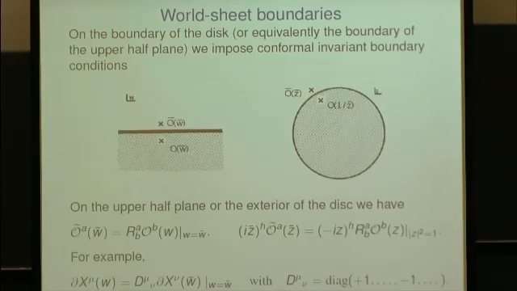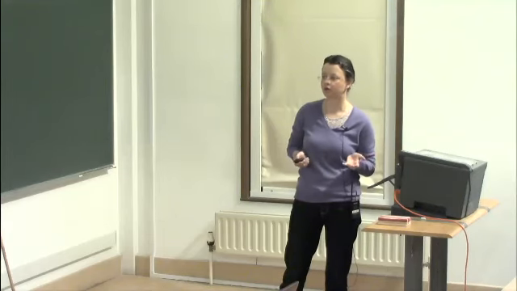Now, this actually translates into a condition like this. Let's say O and O tilde are the holomorphic and anti-holomorphic part of a primary field. So R over here is a matrix with constant entries, which specifies the boundary conditions.